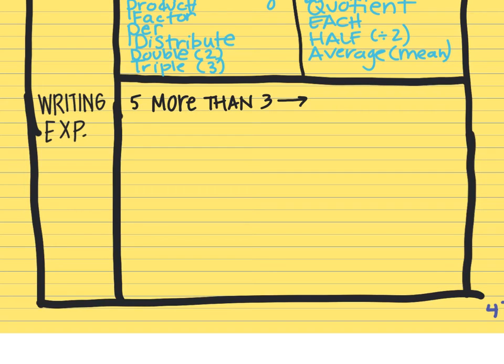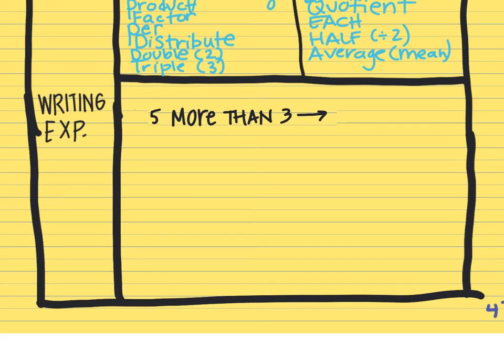So I'm going to take this and move it down here, and erase this piece because we don't need it after all. So we are going to go from a sentence or a phrase, and then we are going to go to an expression.